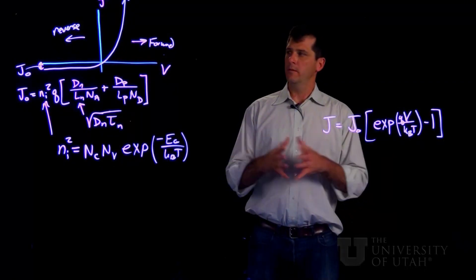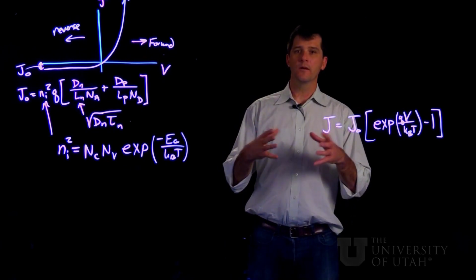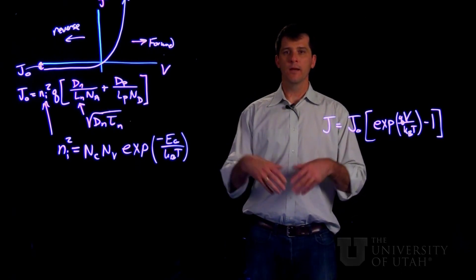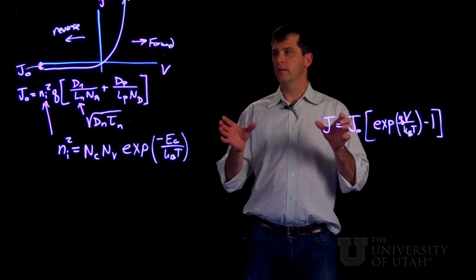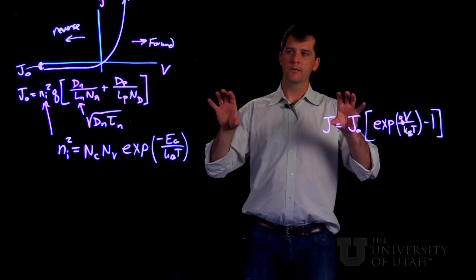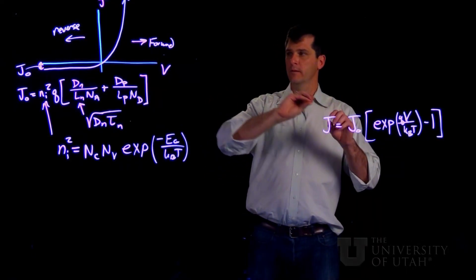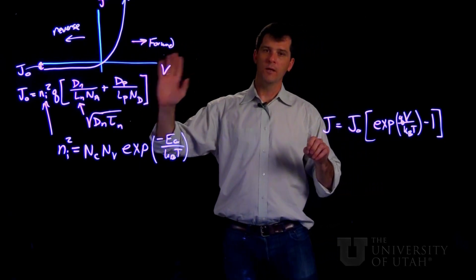Okay, so there you have it. We've taken the detailed picture of carrier concentrations, in the case without any voltage applied, and then approximated that when we apply a voltage, we can still use those carrier concentrations to determine the currents which are injected across the p-n junction to the other side where they become minority carriers.